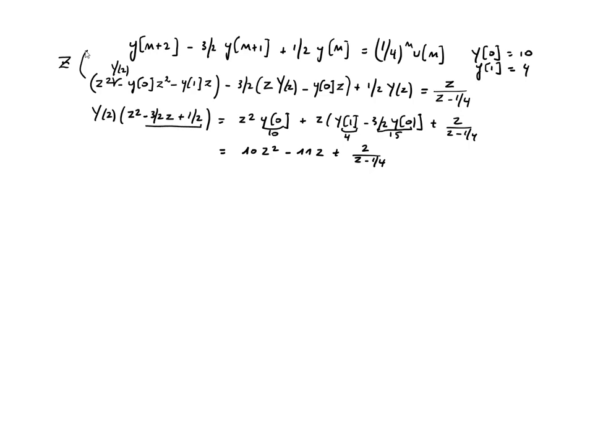This one we can factor as z minus a half times z minus 1, and we obtain y of z, and let's keep the two terms this time, over z minus a half, z minus 1, and here we have z plus z over z minus a quarter, z minus a half, and z minus 1.